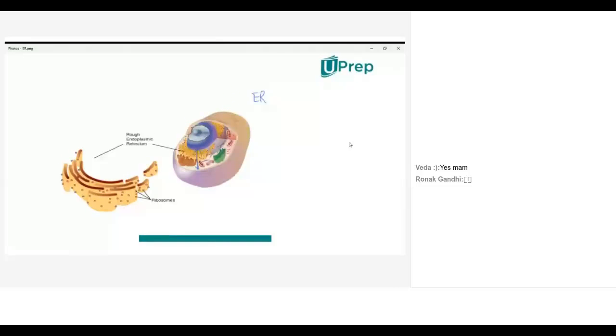The whole cell can be divided based on the structure of endoplasmic reticulum. One is called luminal side, another part is called extraluminal side. What does lumen mean? Anybody has any idea? Lumen is nothing but cavity.